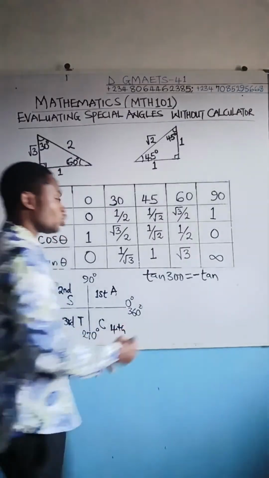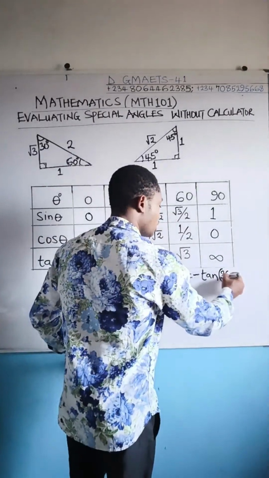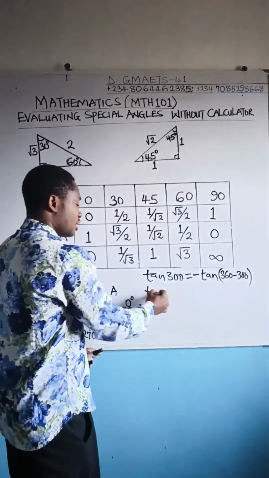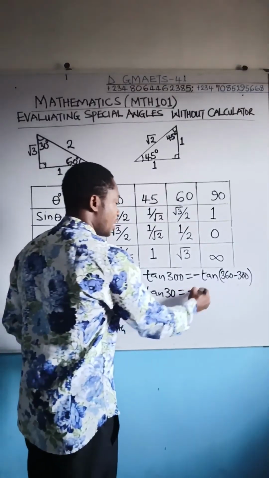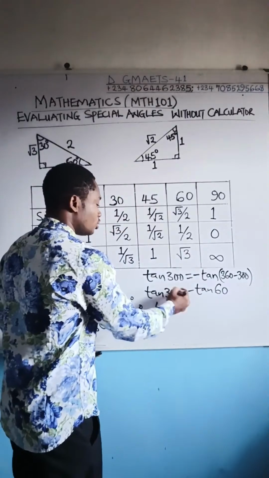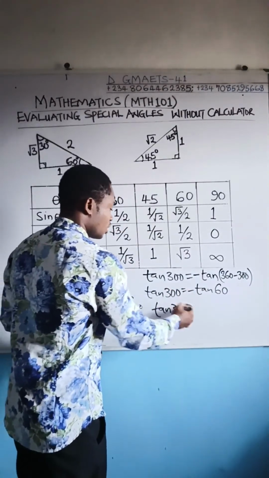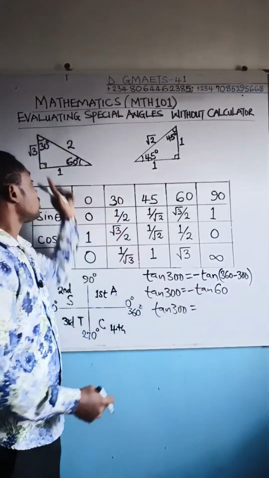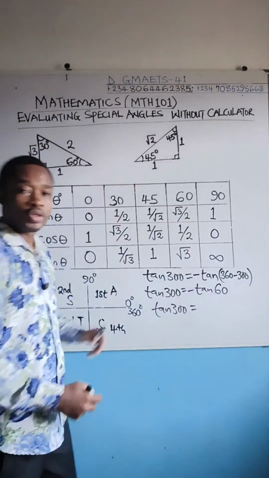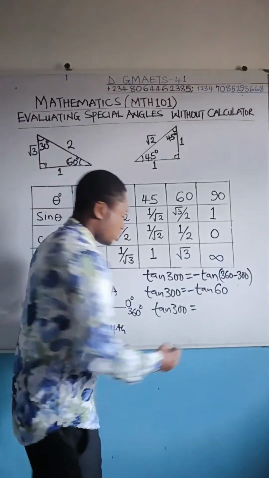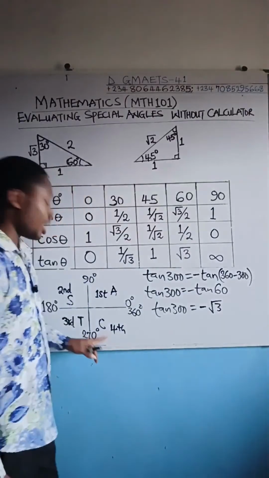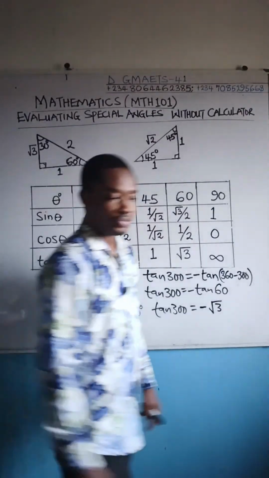It's 360 minus 300. And tan 300 will now be equal to minus tan 60. If you evaluate tan 60, opposite over adjacent, which is root 3 over 1, that gives us root 3. So it's negative root 3. You know why it is minus? Tan in the fourth quadrant is negative.